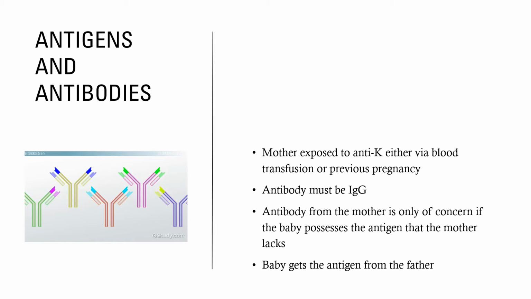An MCA-PSV of 1.29 to 1.5 multiples of the median, or MoM, is indicative of mild anemia, and values greater than 1.5 indicate moderate to severe anemia that may need intervention.